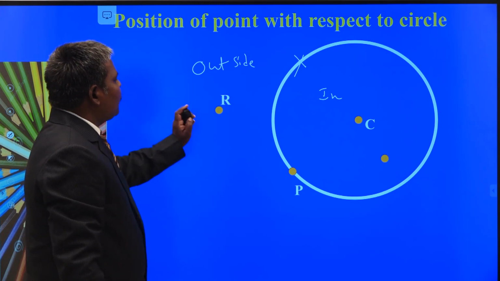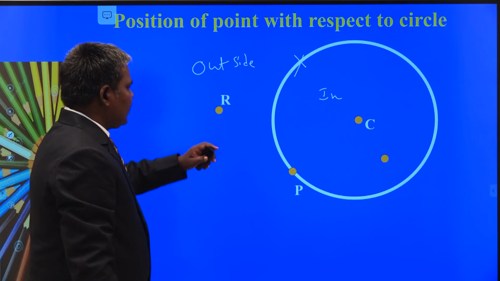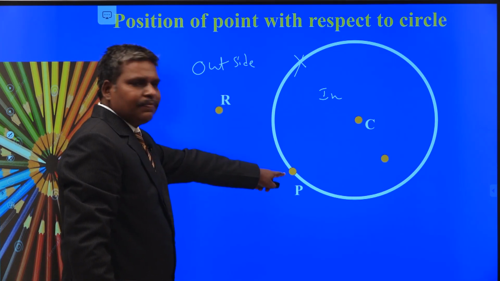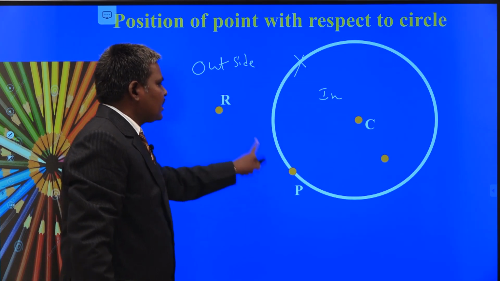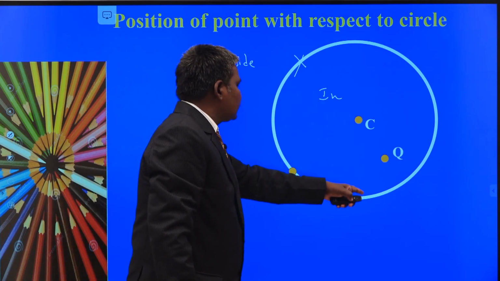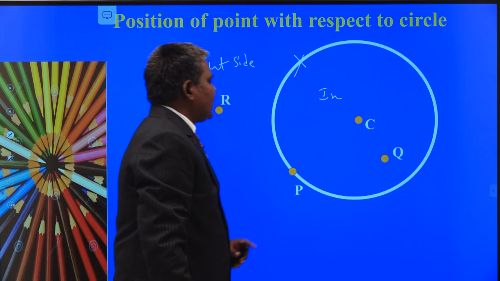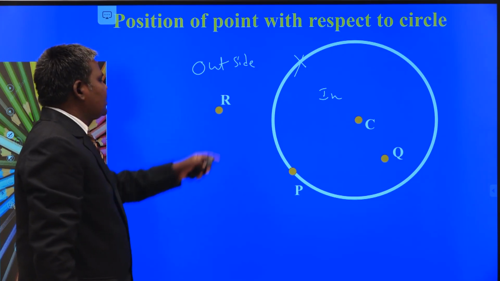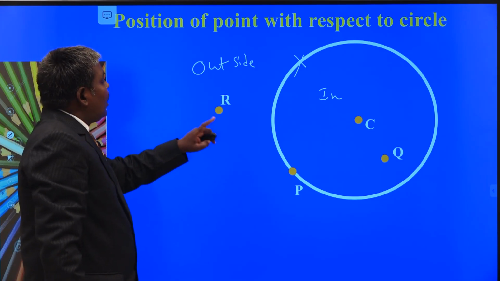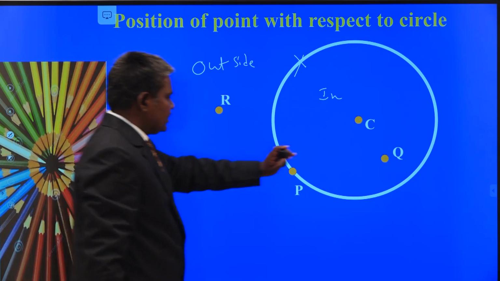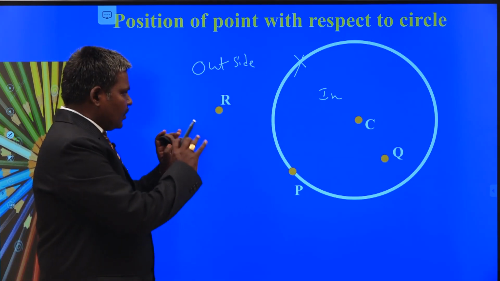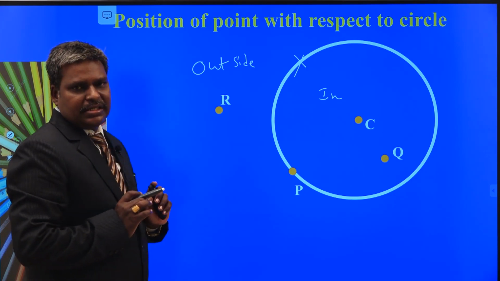If you take any point in the plane of the circle, it may be inside, outside, or on. If you take P, where is it? It lies on the circle. If you take this point Q, where is it? It lies inside the circle. If you take this point R, it is outside the circle. So: inside the circle, outside the circle, on the circle. There are only 3 possibilities.